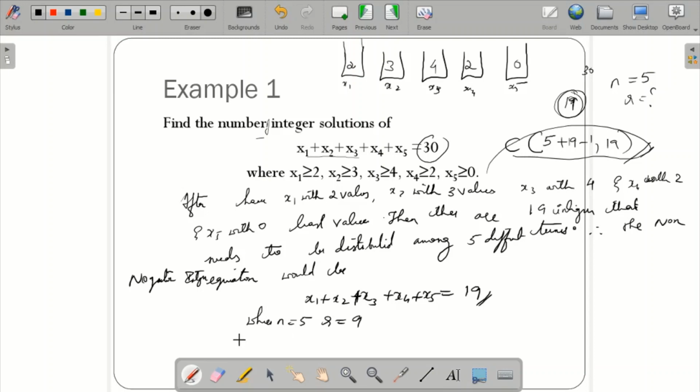Then the solution is the combination of 5 plus 19 minus 1 comma 19.